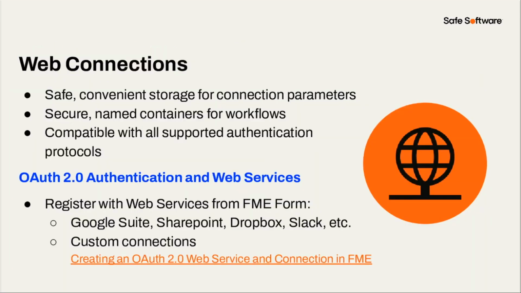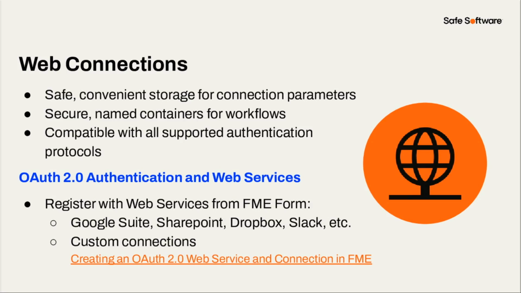Okay, so our web connections provide a safe and convenient way to store, share, and reuse connection parameters throughout workflows on FME Form and FME Flow. Their credentials are stored in a secure named container and can be reused consistently to connect to the different web services.